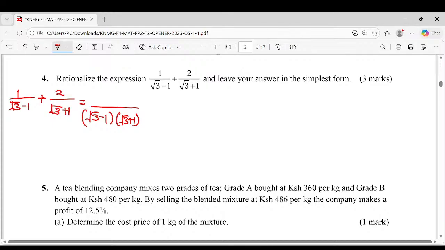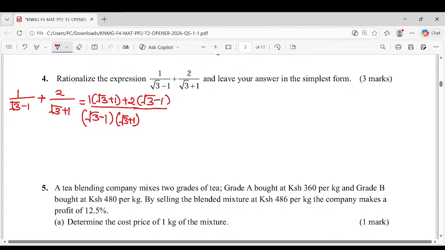Root 3 minus 1 cancels out, leaving 1 into root 3 plus 1. Then plus 2, and dividing the LCM by the second denominator, I'm left with root 3 minus 1.